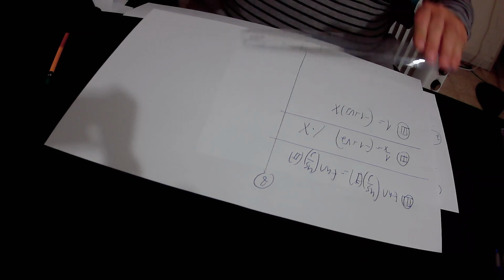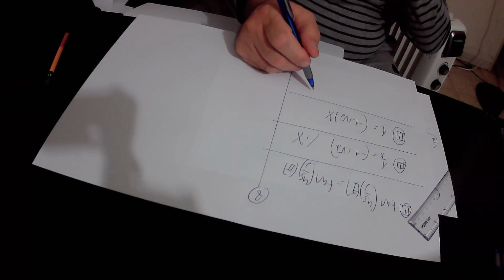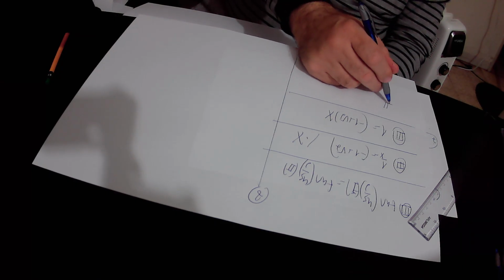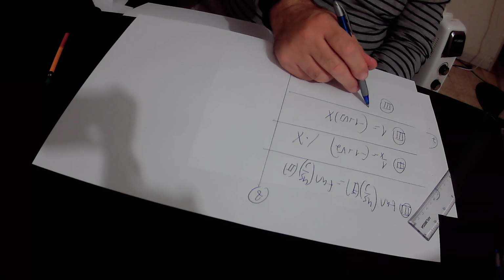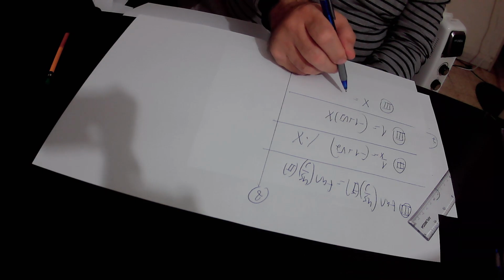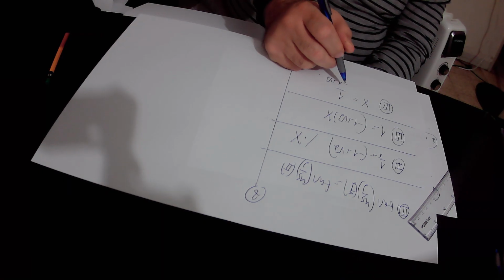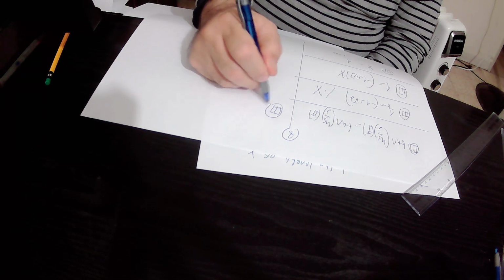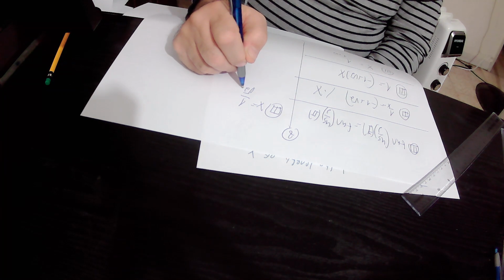Here we will divide this equation number 3 by minus 1 plus square root of 2. And we get that x equals 1 over minus 1 plus square root of 2, or actually, x equals 1 over square root of 2 minus 1.